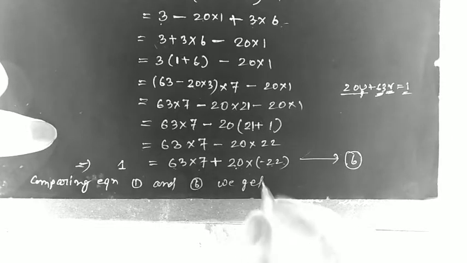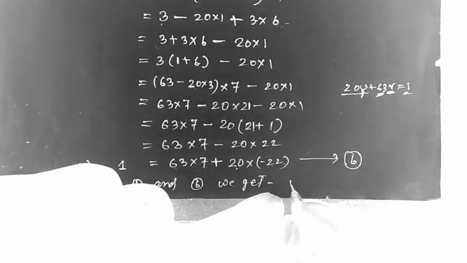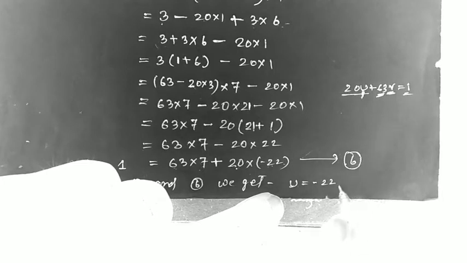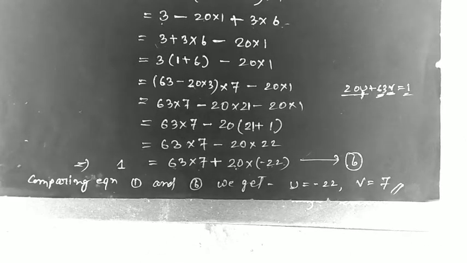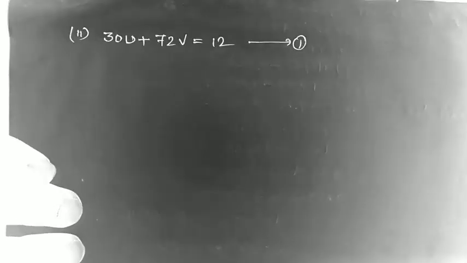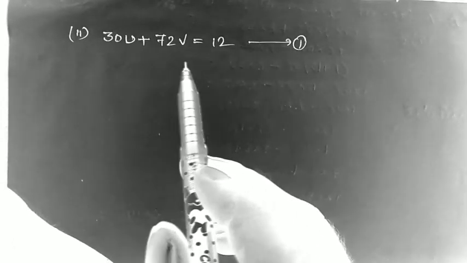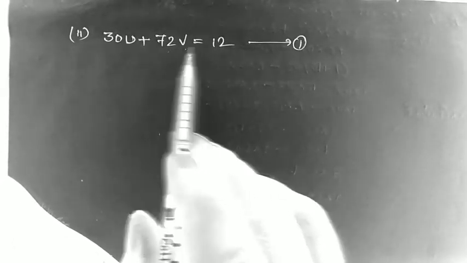Now call it equation number 6. Now if you compare equation number 6 with equation number 1, with 20 we have u, 20u. That means our equation is 20u plus 63v is equal to 1. So this equation and this equation are the same equation.